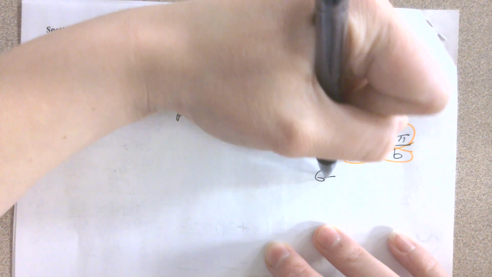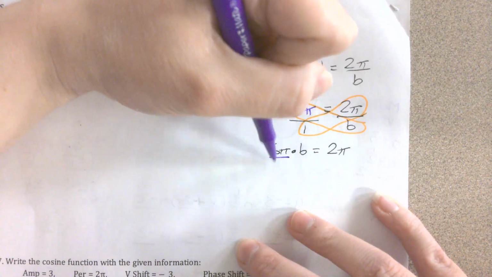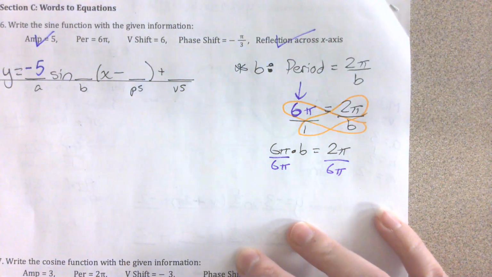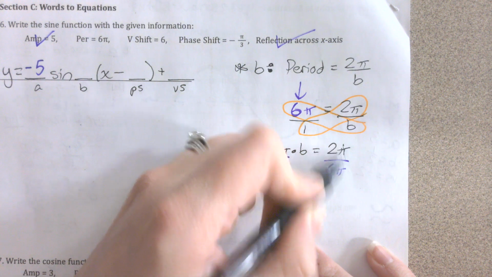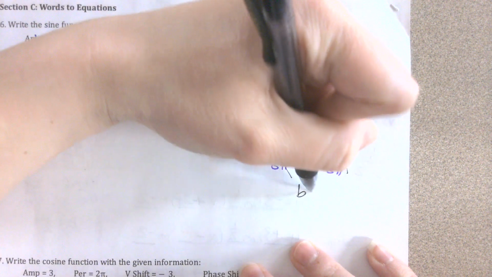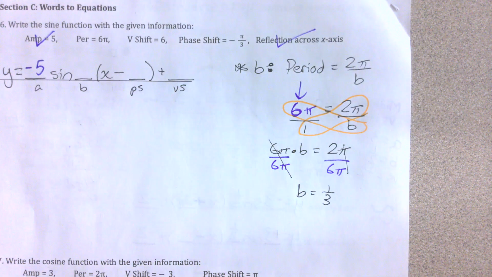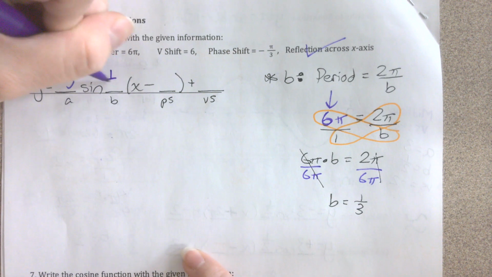We have 6 pi times B equals 2 pi. Divide off 6 pi on both sides. 6 pi cancels on the left completely. Right side, just the pi's cancel. B equals 2 over 6, which reduces to 1/3. So we have a 1/3 in for our B value.